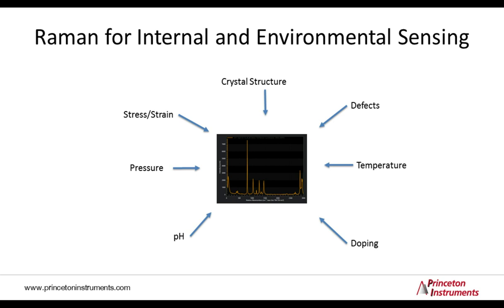The nature of the Raman process makes it a great tool for investigating the internal properties of materials. It's very sensitive to changes in molecule, lattice, or crystal structures, or the presence of defects in the molecule. Also, the interactions between the atoms in the sample can be very sensitive to the external physical and chemical environment.